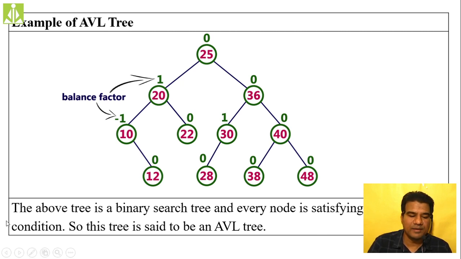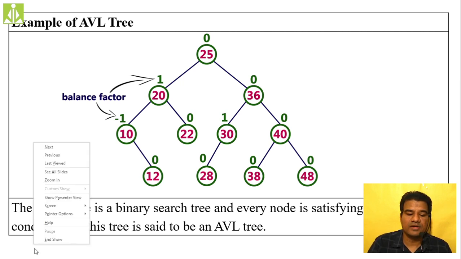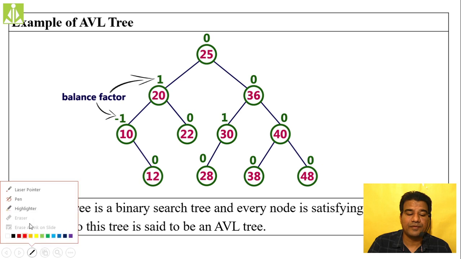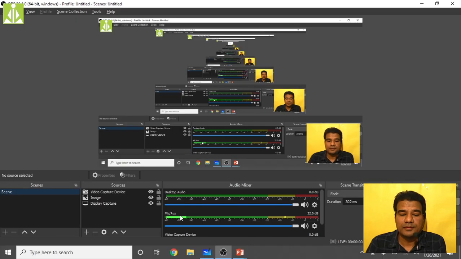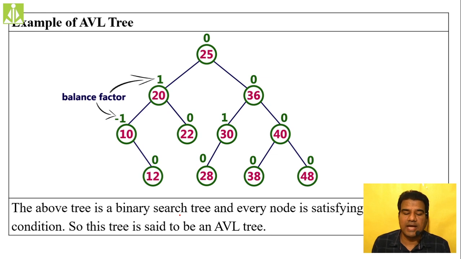See, whatever nodes I have in the left subtree, this one 20, 10, 22, 12, all of them are smaller than the root node 25, and whatever nodes we have inside the right subtree, all of them are greater than the root node, that is 25.